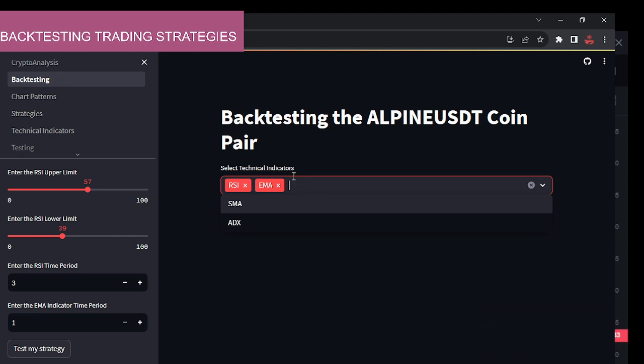So when the strategy is buying when the last close is above the EMA, it means if I'm combining it with the RSI, then when the RSI is above the lower limit, that's when I'm buying, and when the RSI is below the upper limit, that's when I'm selling.